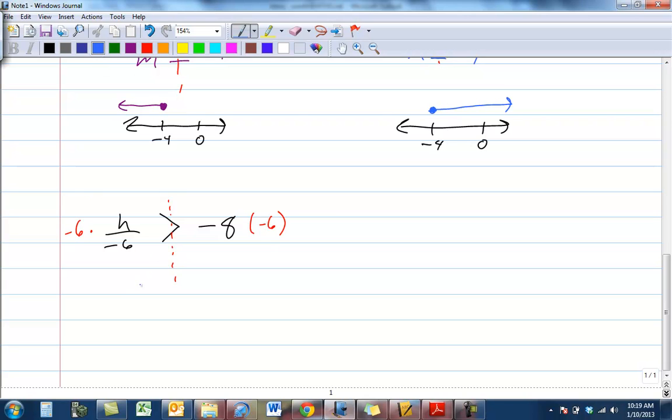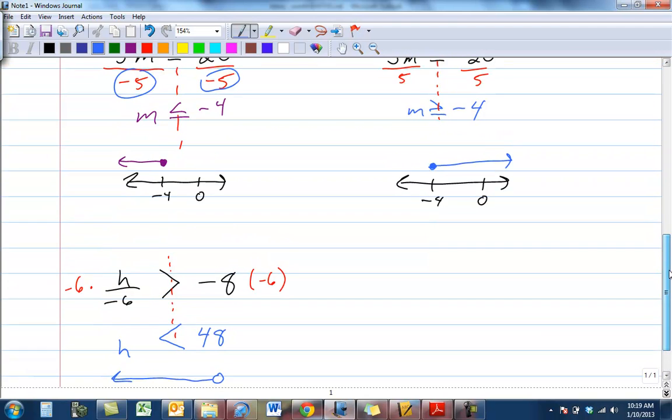So these cancel. You're left with h. Now we multiplied by negative 6, so the symbol switches. Negative 8 times negative 6 is positive 48. So our graph is going to look like 0, 48. Open circle, because it's less than, to the left.